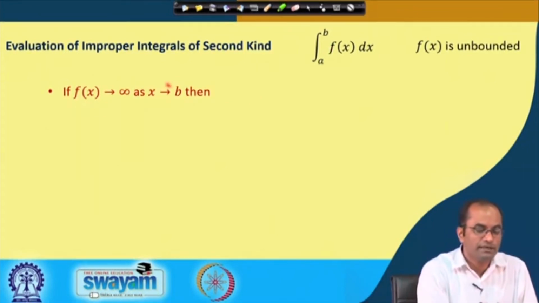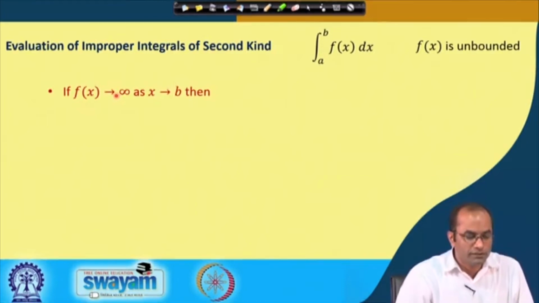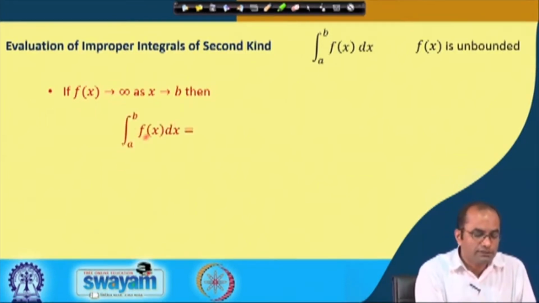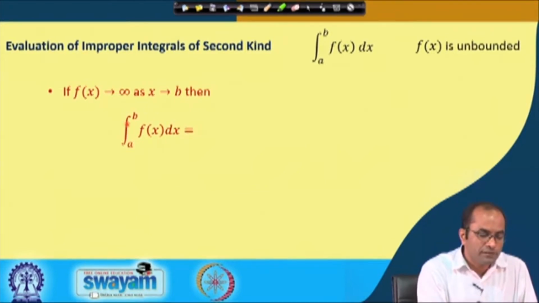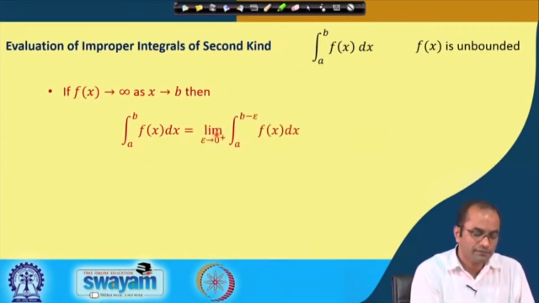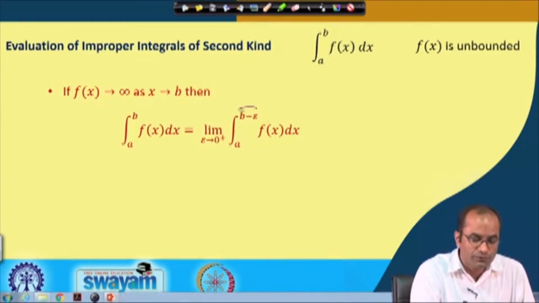So, when x is approaching the upper limit, f(x) becomes unbounded, and for such integrals, we will evaluate by introducing this epsilon here.